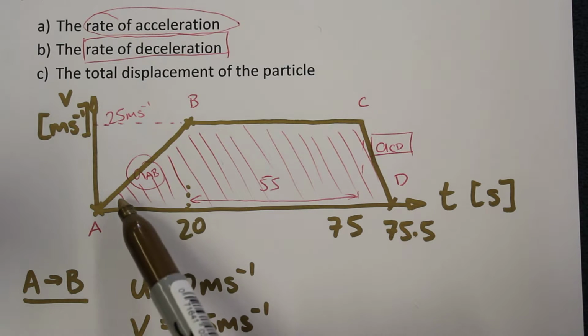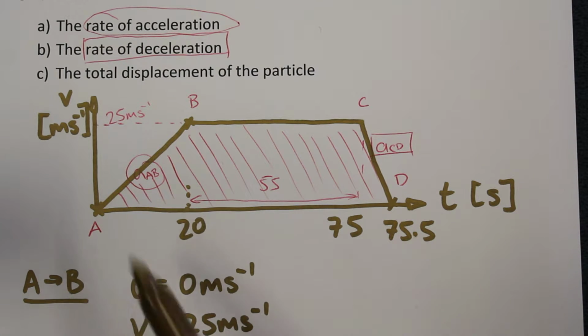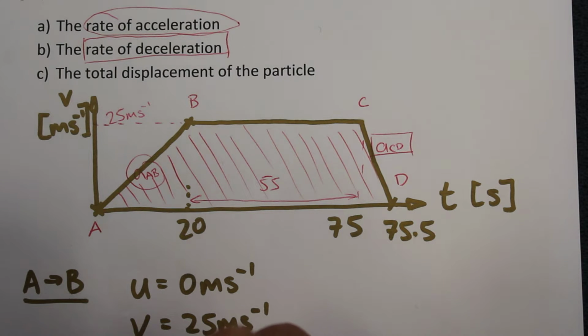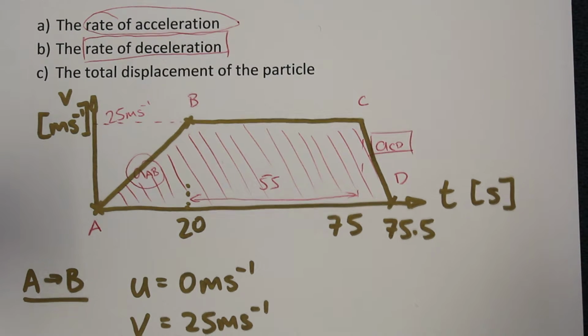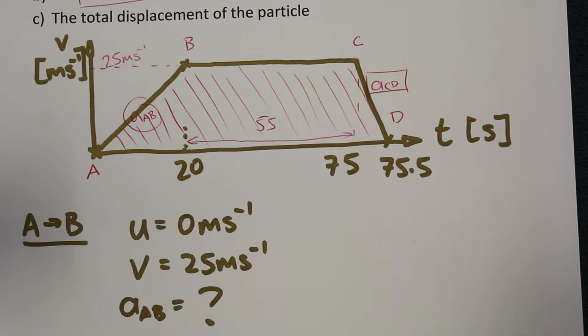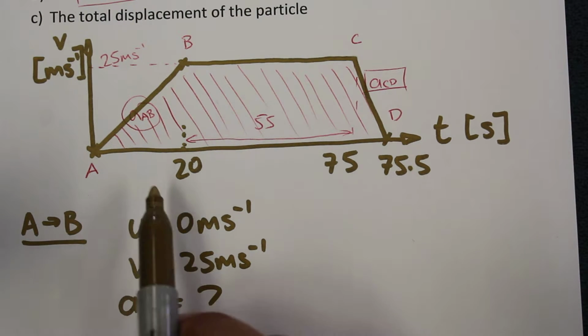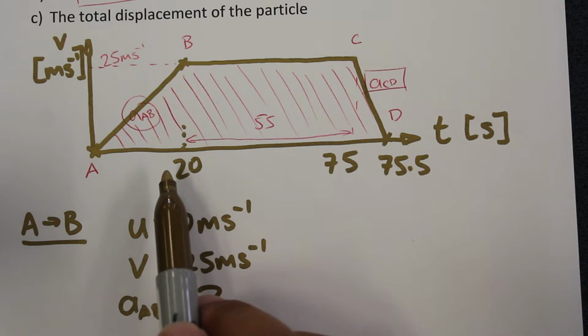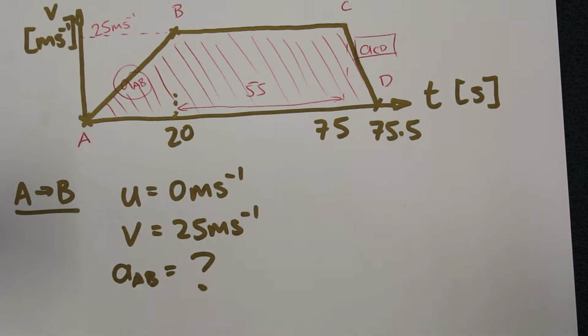We are trying to find out the acceleration going from A to B, so we don't know what that is equal to. Alright, the last piece of information which we know is that the time is 20 seconds taken to travel across there. So we'll write that down here.